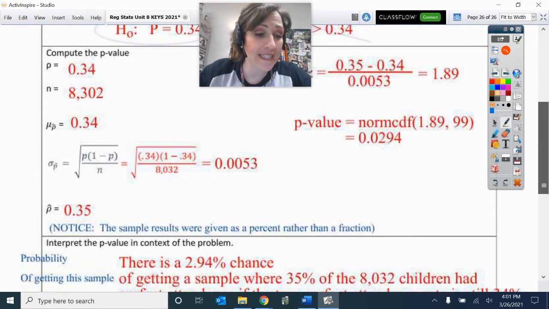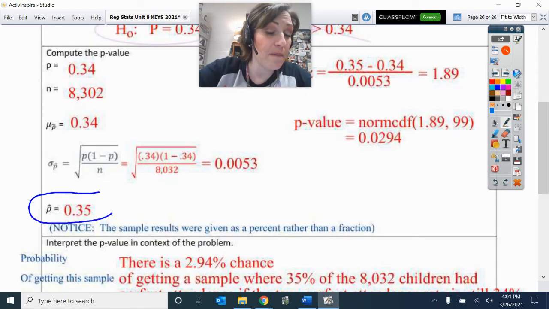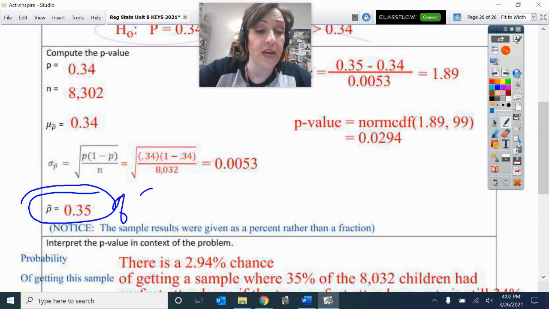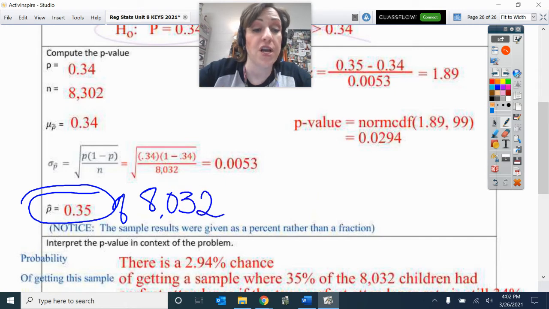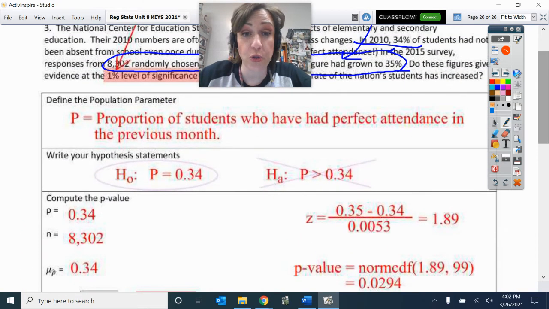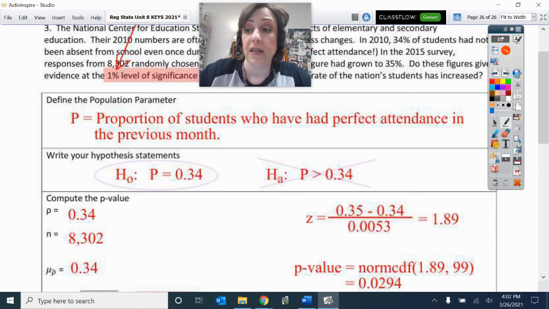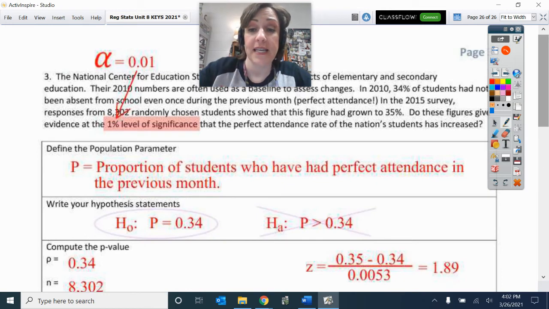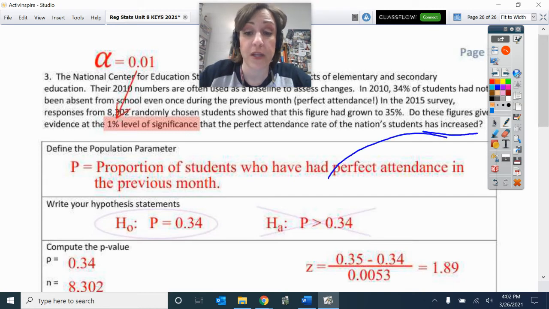See, that's what I did down here: the sample results were 35% of the 8,032 students. That's what we were going to use to test whether the perfect attendance rate of the nation's students has increased.